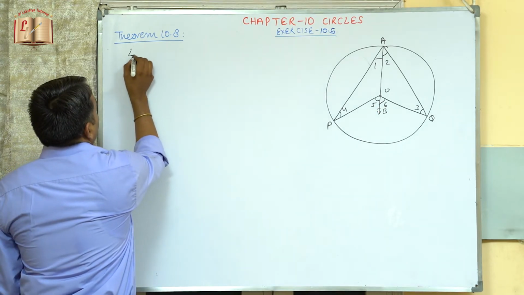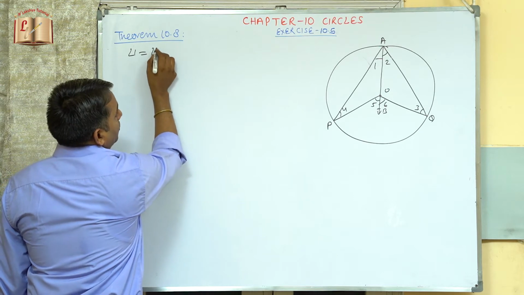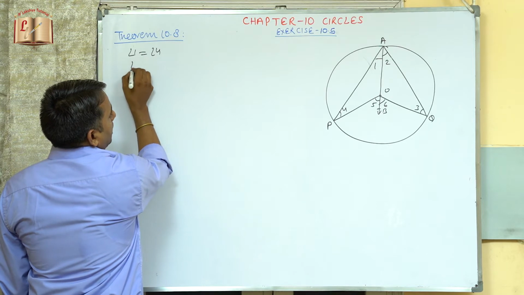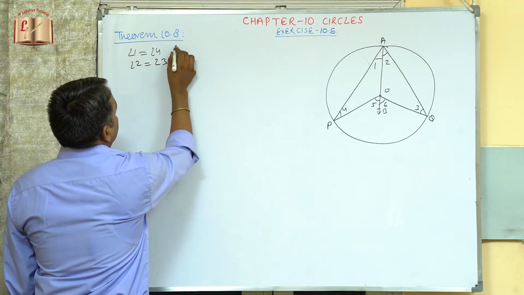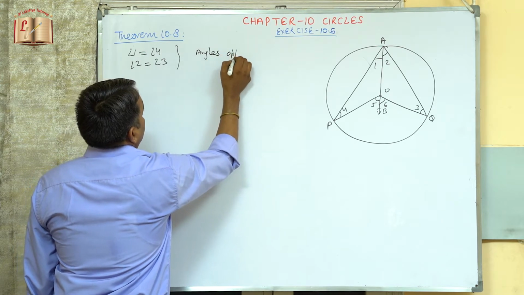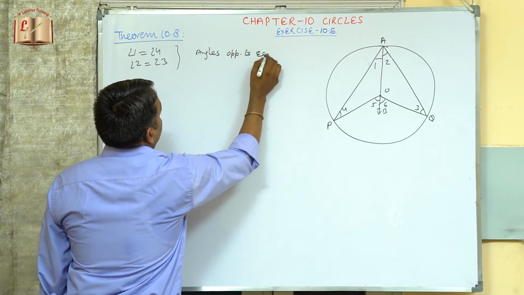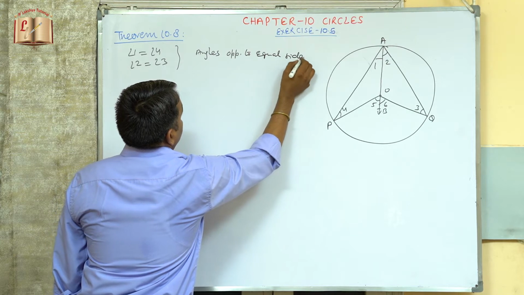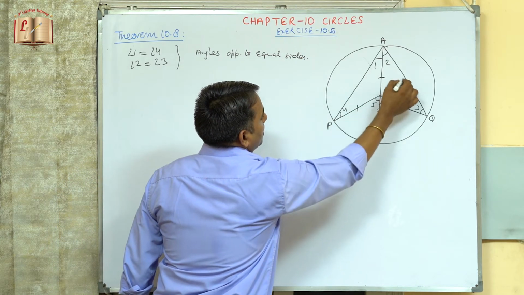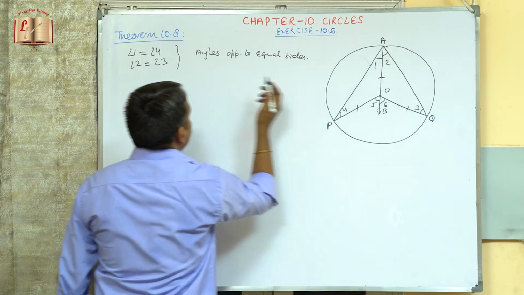Now see that angle 1 is equal to angle 4, and similarly angle 2 is equal to angle 3, because they are the angles opposite to equal sides.